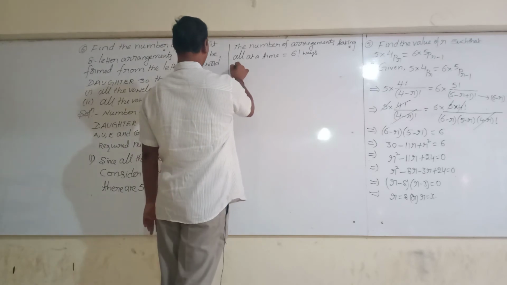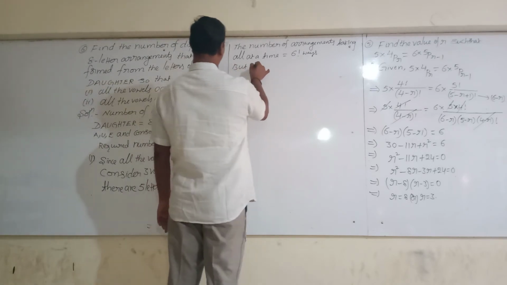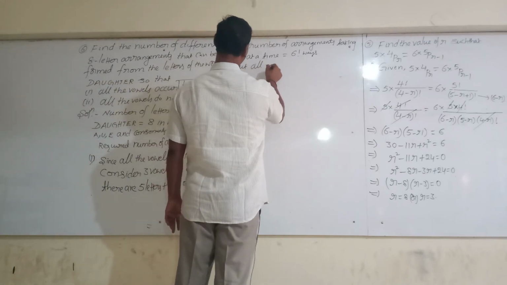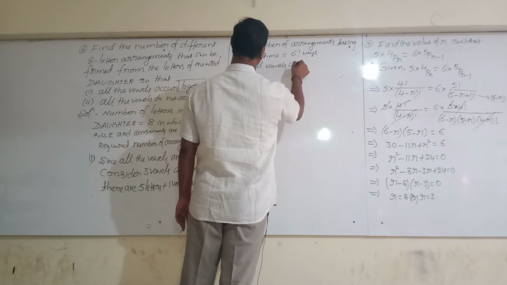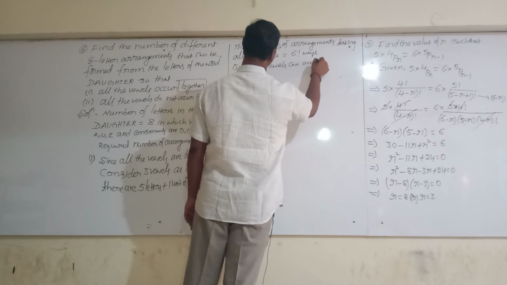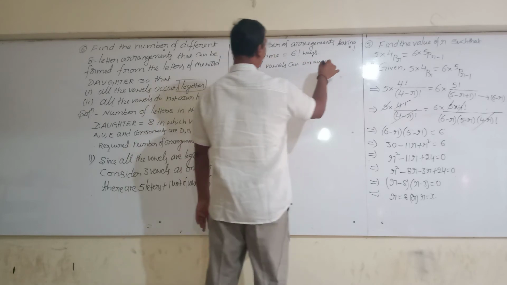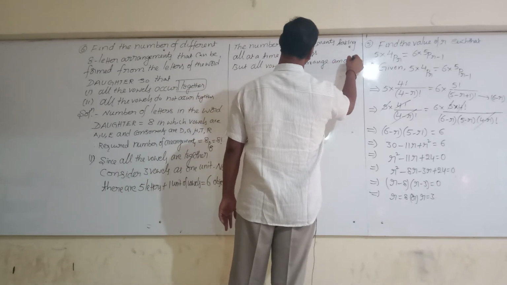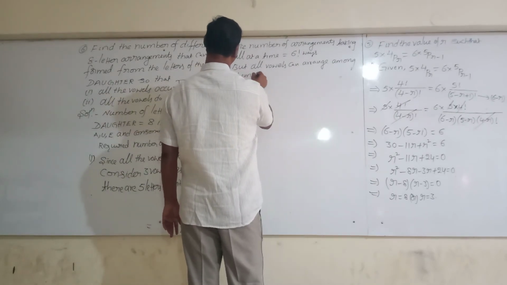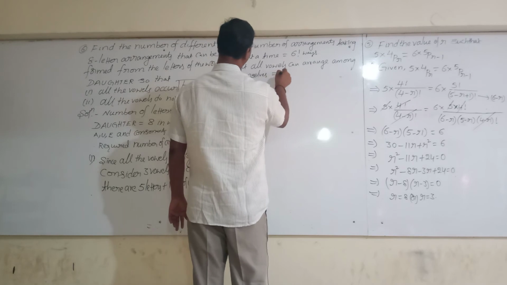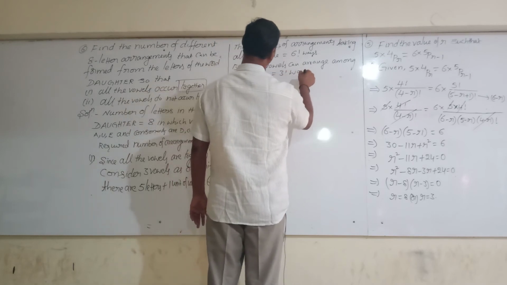All vowels can arrange among themselves in 3 factorial ways.